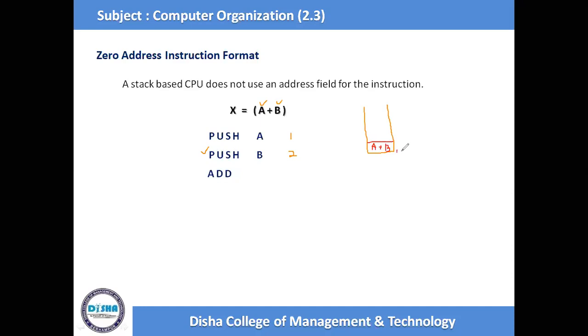When it performs the addition of a and b, the stack pointer reduces back to 1, so now the stack pointer is 1.